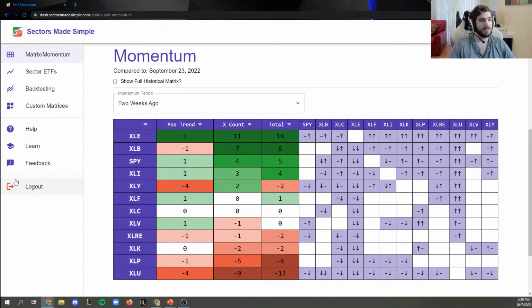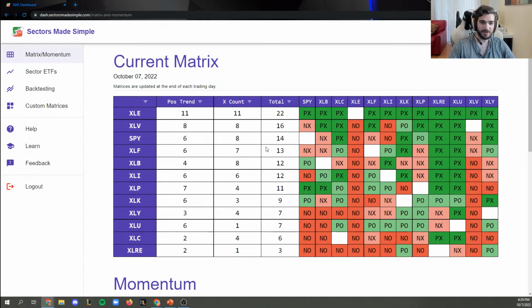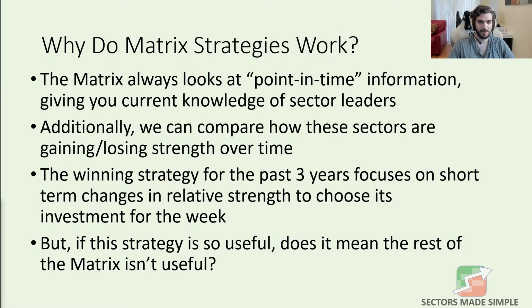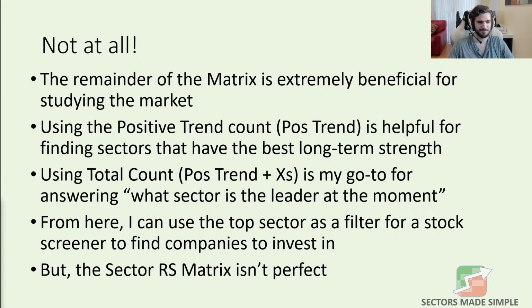This is how a trading strategy can be used. But if you notice, there's a lot more on our website than just this momentum, than just this one simple strategy. Again, this strategy is useful, but does it mean that the rest of the information on the matrix isn't useful? No. Actually, not at all.